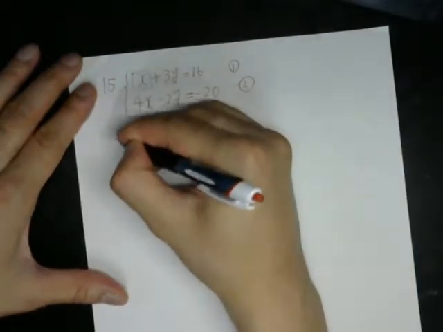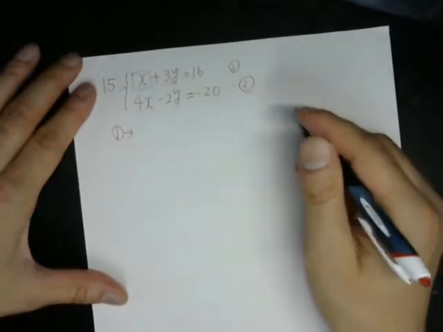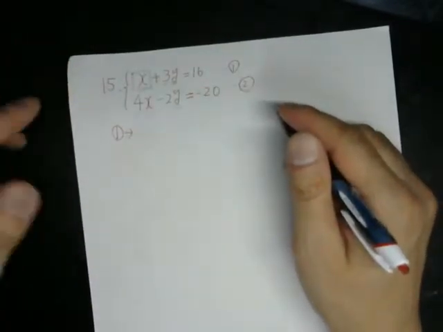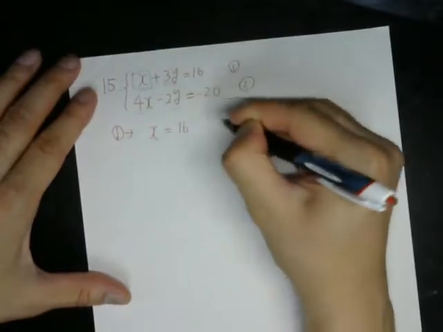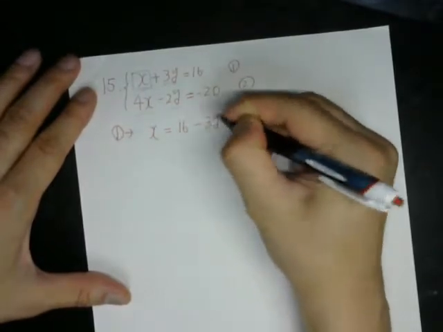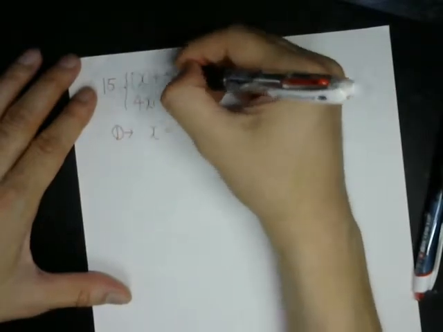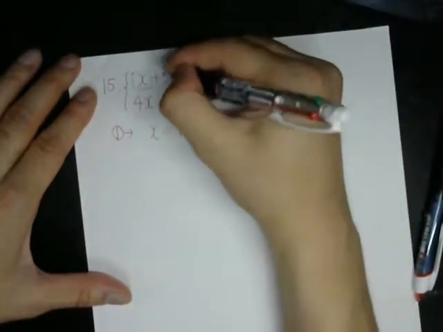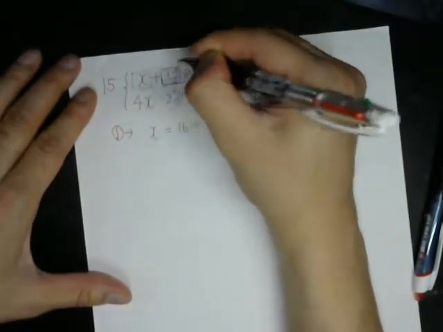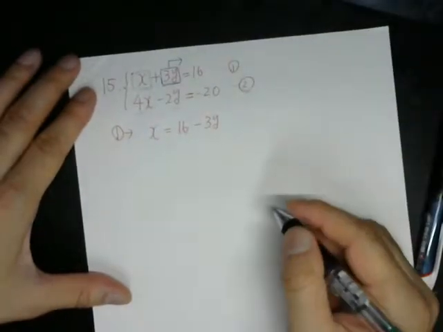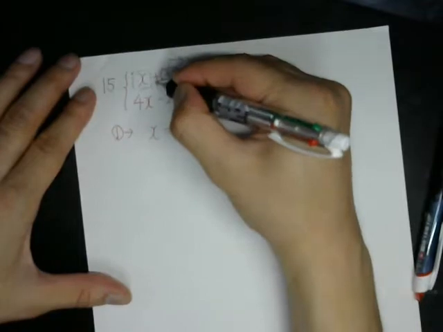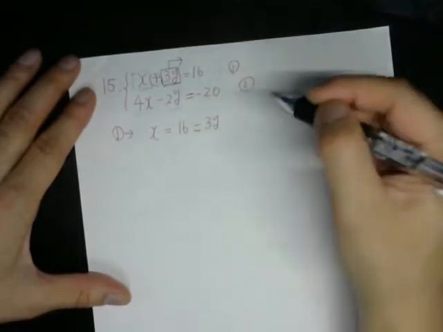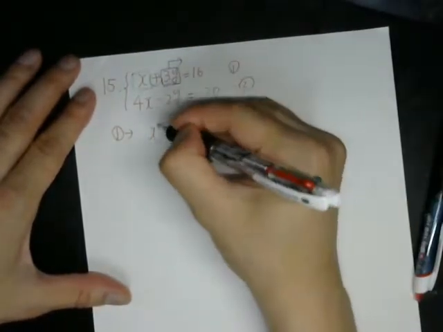So equation 1 is now transformed to x equals 16 minus 3y, because we were isolating this x by moving the other piece, 3y, to the other side. Again, the sign in front of 3y flips from positive to negative when going over the bridge.